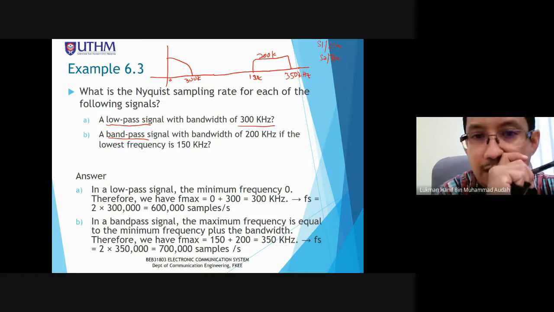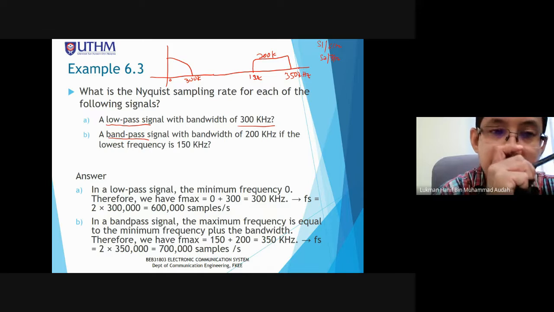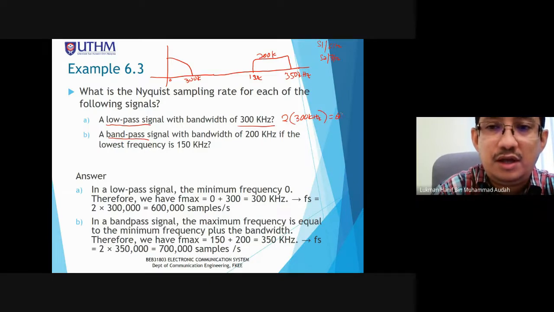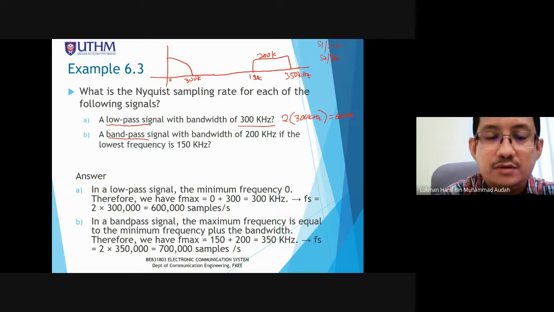Okay. And you need to find the sampling rate using the minimum Nyquist rate. So for the first question, the low pass signal, this is 2 times the highest frequency of the input, which is 300 kilohertz. So you are going to produce 600 kilohertz.